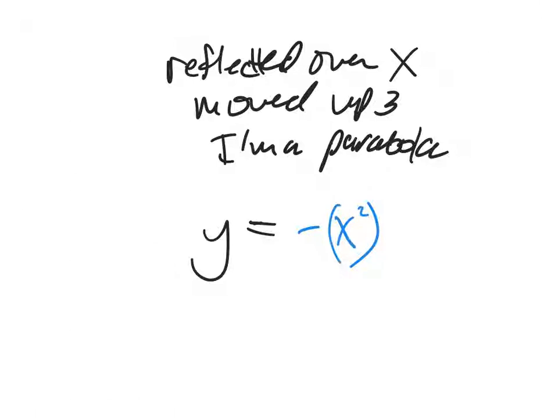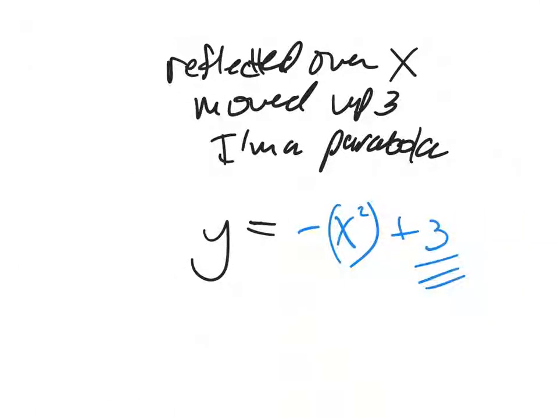Reflected over the x, moved up 3, and I'm a parabola. Oh, yes. X plus 3. All right. And I'm going to put the answer on the outside because that's actually where it's supposed to go. And there we go. What if I had put it on the inside? Then that would have meant that I was moving it to the left 3. But I wanted it up 3, so I wanted it out there.